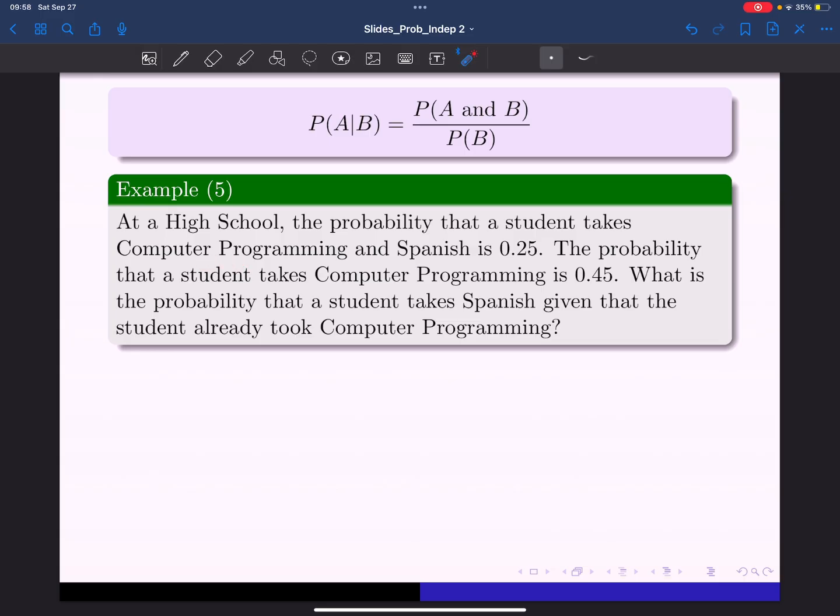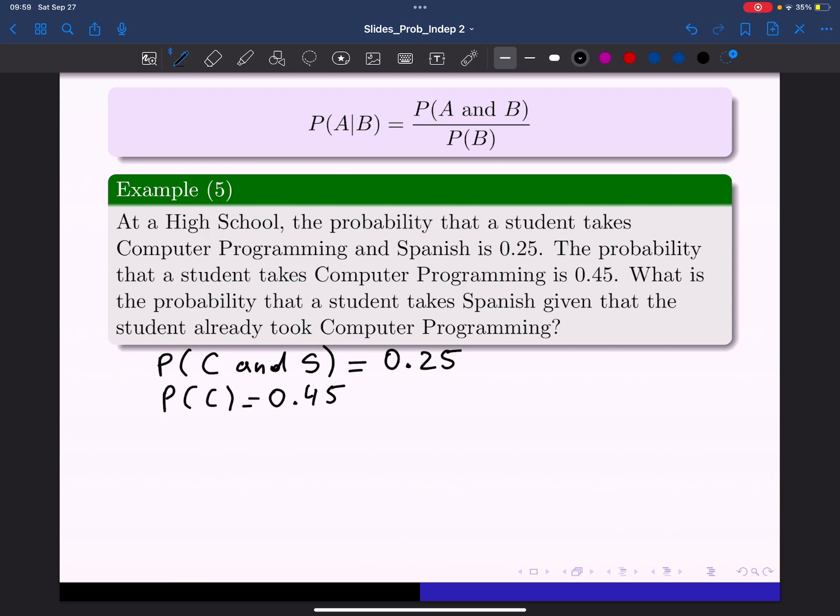Let's call C computer programming and S Spanish. The probability of C and S is 0.25. The probability of just computer programming, P of C, is 0.45.